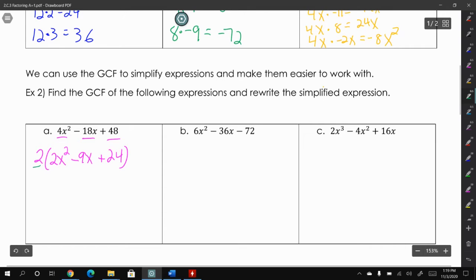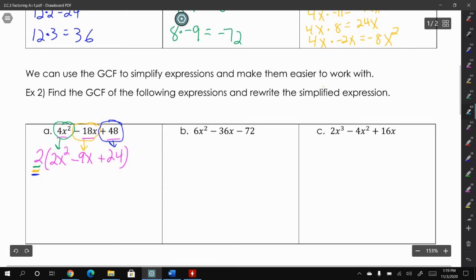If I took 4x squared and divided it by 2, I would get 2x squared. If I took negative 18x and divided it by 2, I would get negative 9x. If I took 48 and divided it by 2, you would get 24. So that's how you can figure out what you would have left to deal with on the inside of our parentheses.